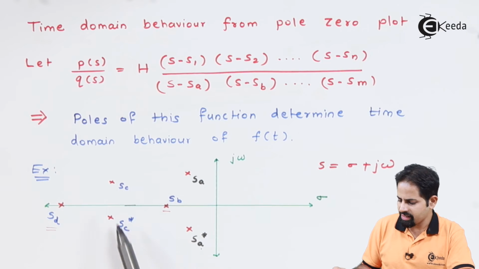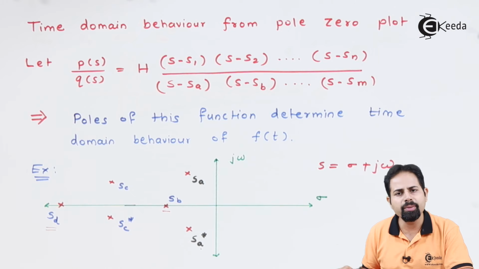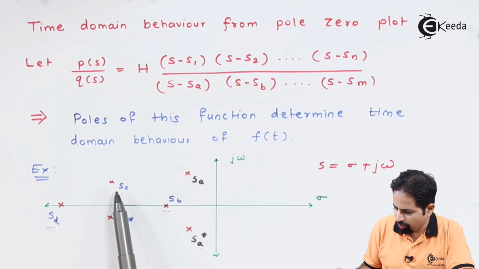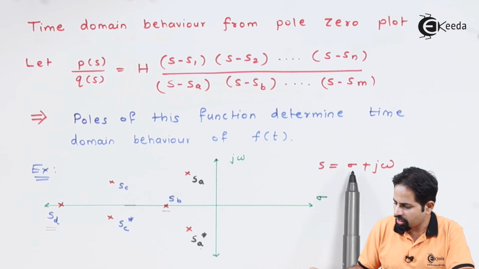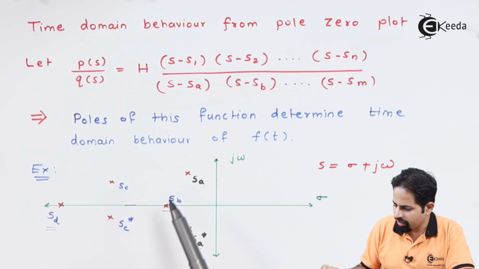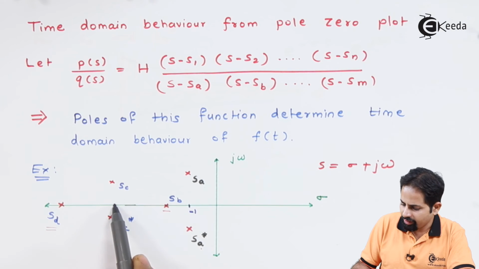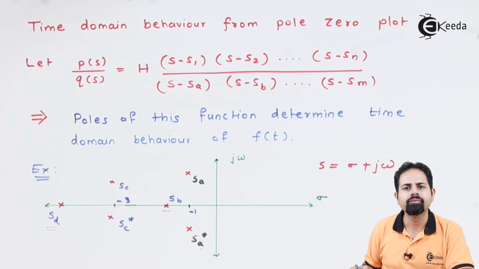Now what about SC and SC conjugate? It will be a similar graph with less amplitude, because here it is further away from the j omega axis, and so sigma is more. Suppose sigma here is, let us say, -1, and here it is -3.